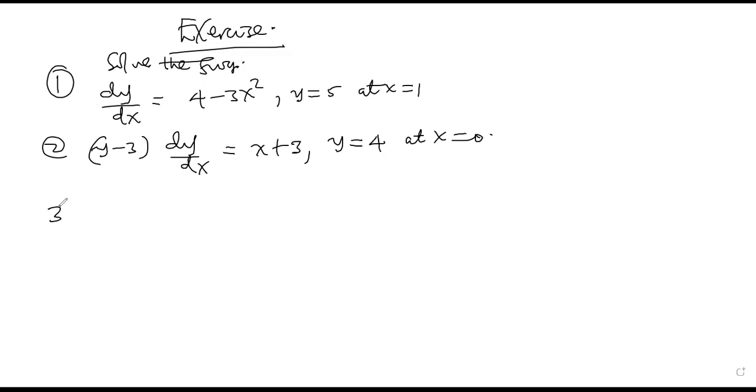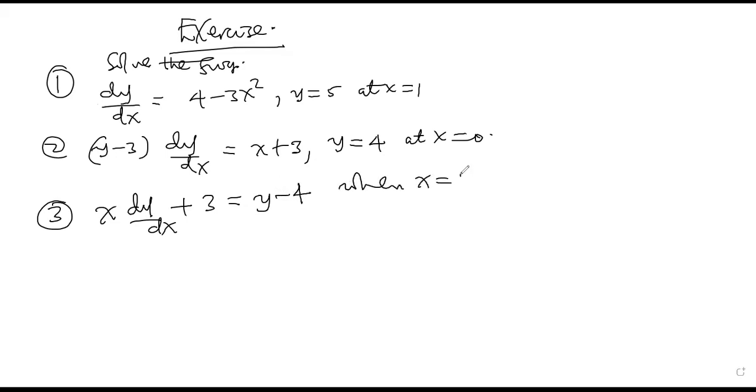Number 3: x dy/dx plus 3 is equal to y minus 4, when x is 1 and y is 13.